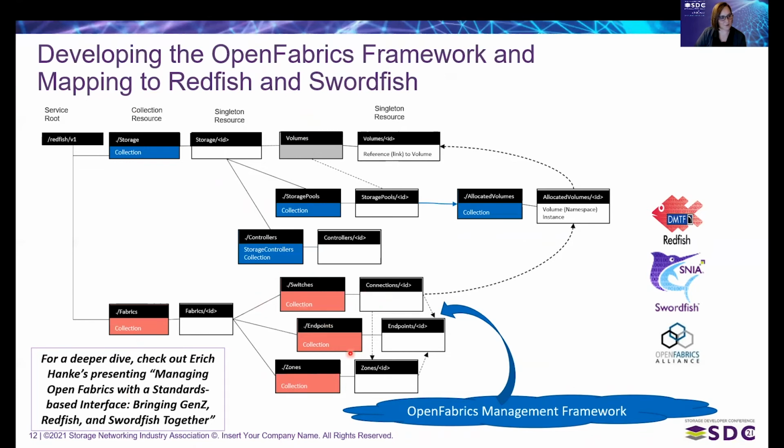So switches, endpoints, and zones. All of this work basically uses these objects and models directly. The OpenFabrics management framework will have a Redfish and Swordfish front end on it. So if you want to see more information, again, please check out Eric's presentation.